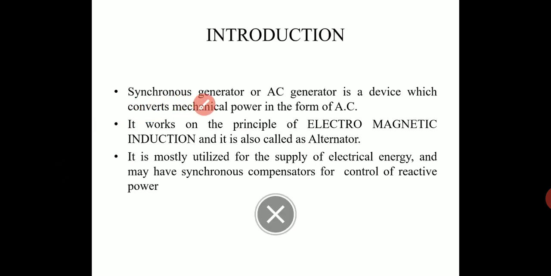It works on the principle of electromagnetic induction, and it is basically used in electrical energy generation and also for synchronous compensators for control of reactive power.